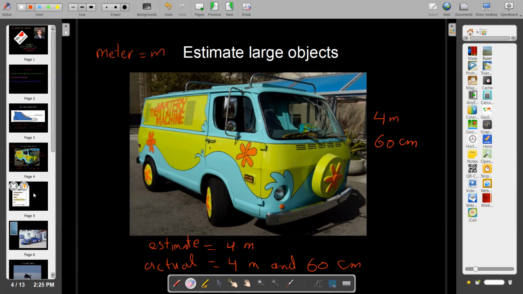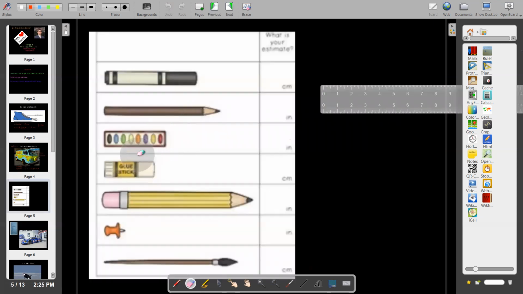Okay. Now let's estimate this object. What is the length of this crayon? What is the estimation of this crayon? I think it's about 7 centimeters. This pencil is bigger than the crayon. I think it's about 8 or 9.